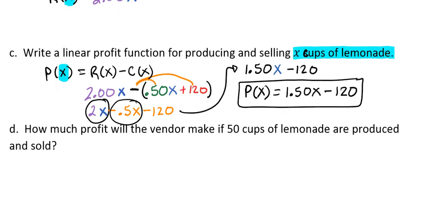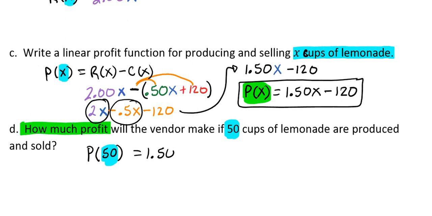We can now ask ourselves, exactly how much profit will you make if you sell 50 cups of lemonade? So you produce and sell 50 cups, which means that we're going to be plugging in the number 50 for our X in our profit equation. We're using our P of X because it asks for profit. So we're going to have $1.50 times the 50 cups of lemonade that are being produced and sold.